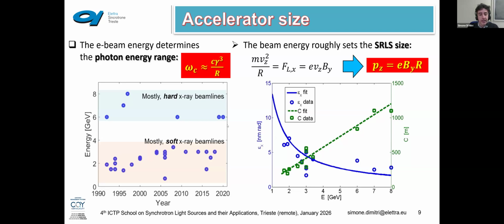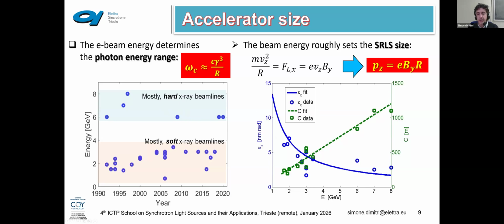But of course, there is an overlap, so that a 3 GeV machine can also produce hard X-rays, maybe with somewhat reduced efficiency compared to a very high energy machine in the same spectral range. But still, the way we can produce light has some flexibility, of course.